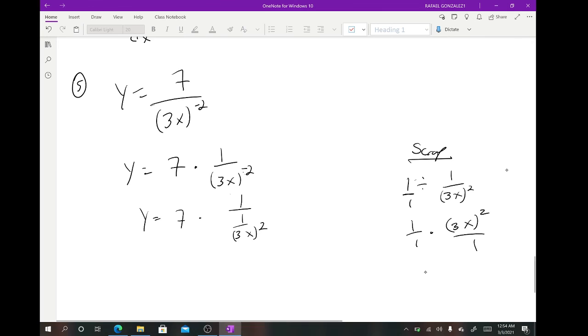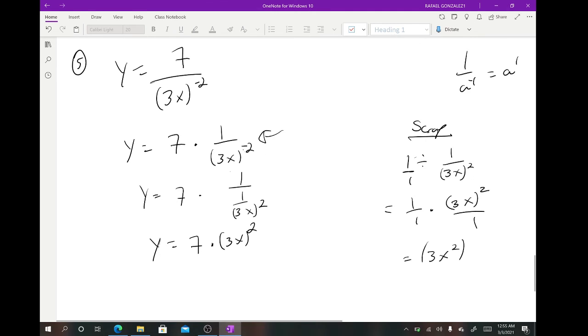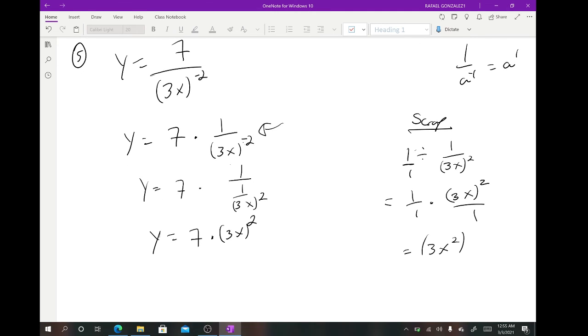So what we really have is 3x squared here. So this right here simply turns into 3x, the whole thing squared. And this is just a rule from before. If you had 1 over a to the minus 1, then this is just a to the 1. Okay? So this is the reasoning why.